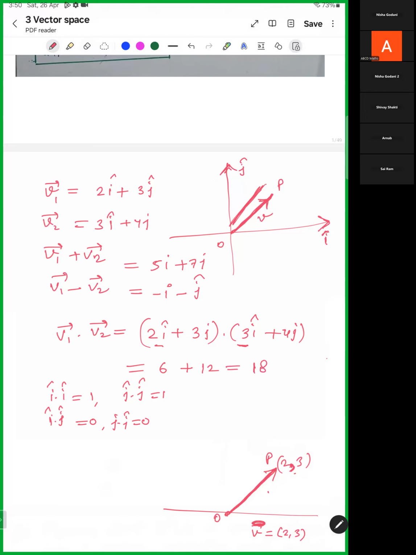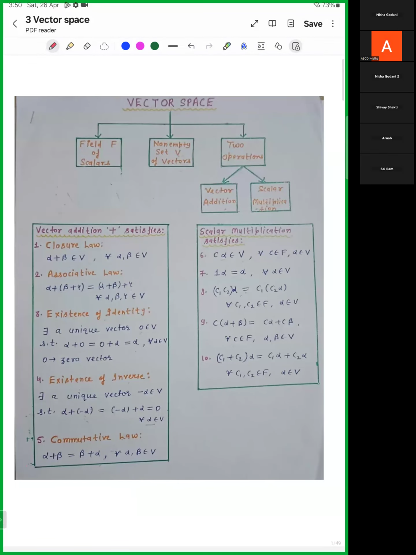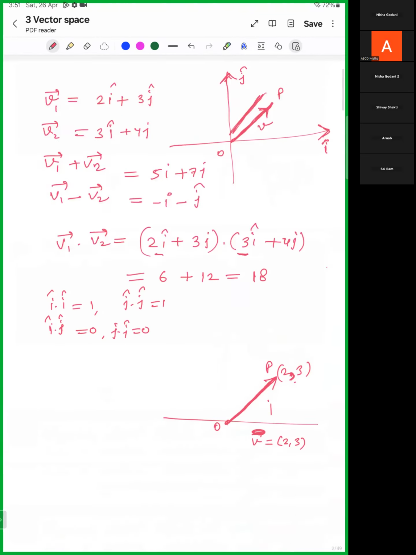Whenever you have a dot product of two vectors, it gives you a scalar quantity. I will discuss it later when I discuss inner product spaces. What I want to say is we have to learn about vector space. Whenever we study vectors, there is vector addition and scalar multiplication. What is scalar multiplication?